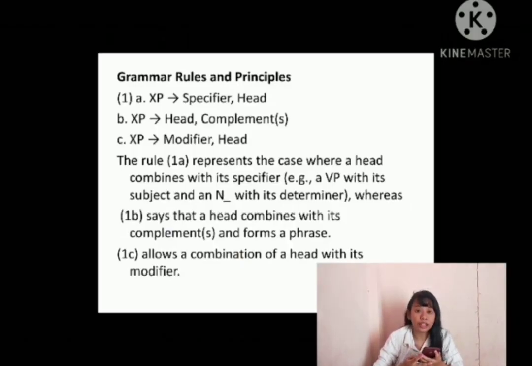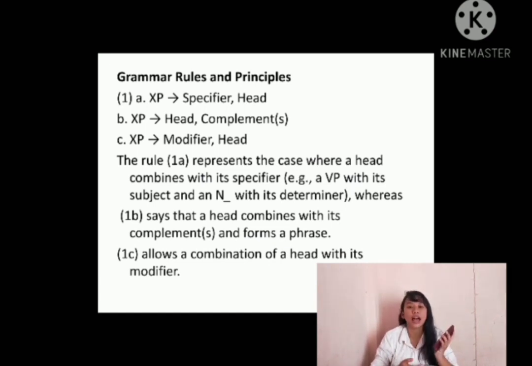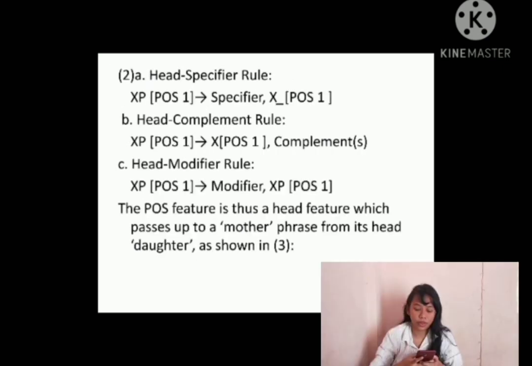1. A. XP specifier head. B. XP head complements. C. XP modifier head. And in the slide, you will see the rules of the form. 2a. Head specifier rules.